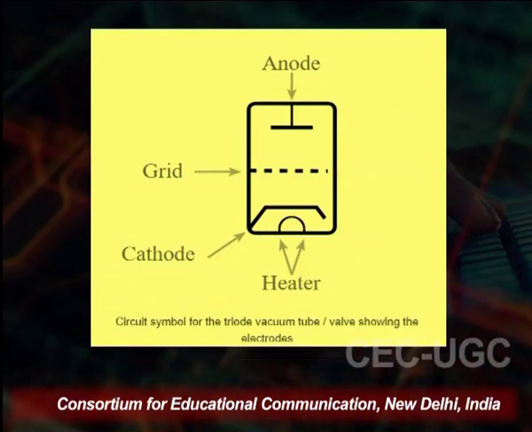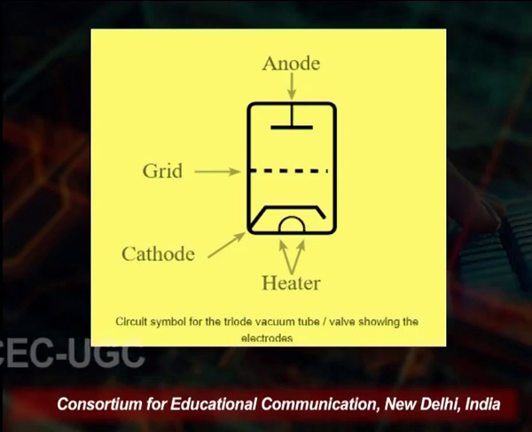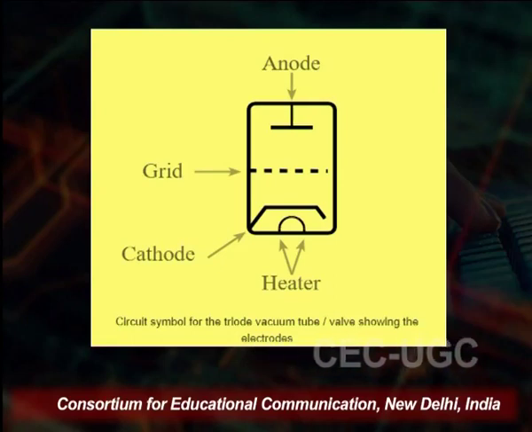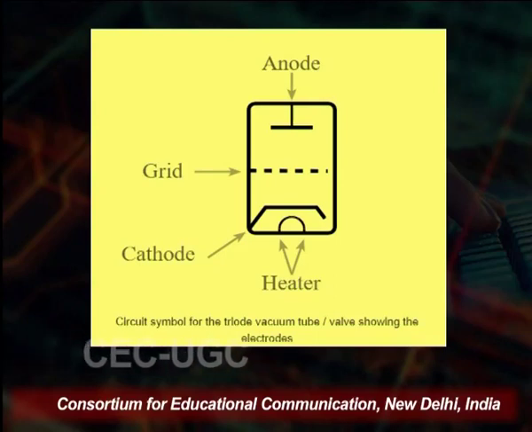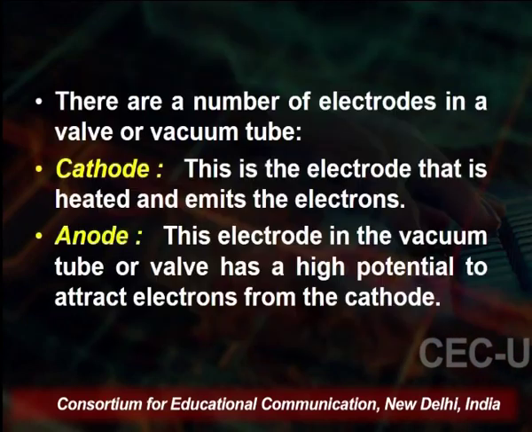On the screen, this is the anode, at the bottom we have the cathode, and there is a grid in between which can control the flow of electrons from cathode to anode. There is a heater, and this is the circuit symbol for the vacuum tube, showing how the electrodes are working.